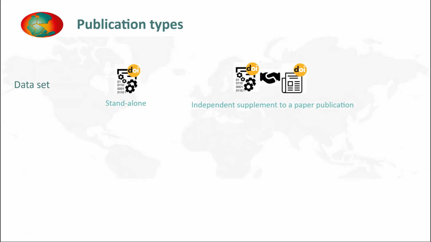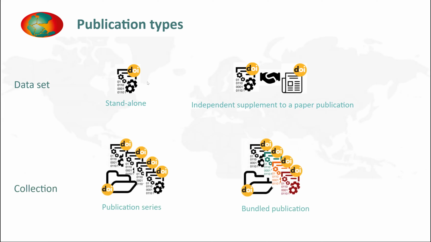In parallel you are publishing a paper somewhere, and they can be more or less synchronized and cited in both directions. But it doesn't always have to be like that. Of course, it's possible to simply publish a standalone dataset because datasets published in PANGAEA have enough metadata to be standalone in any case. You should never need any related paper to understand and reuse the data.